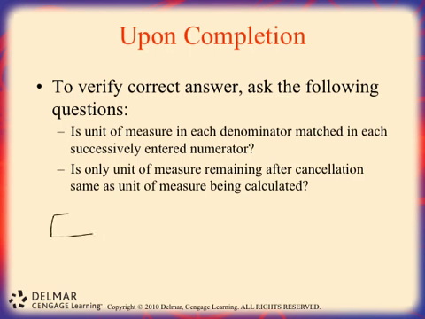Alright, so we start out with, we know that these have to match. And then we know that these have to match in terms of labels. So is the unit of measure in each denominator matched in each successively entered numerator?